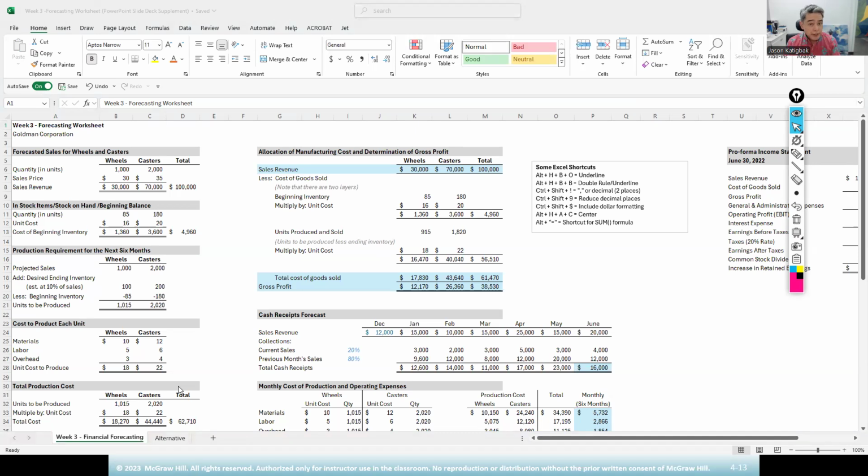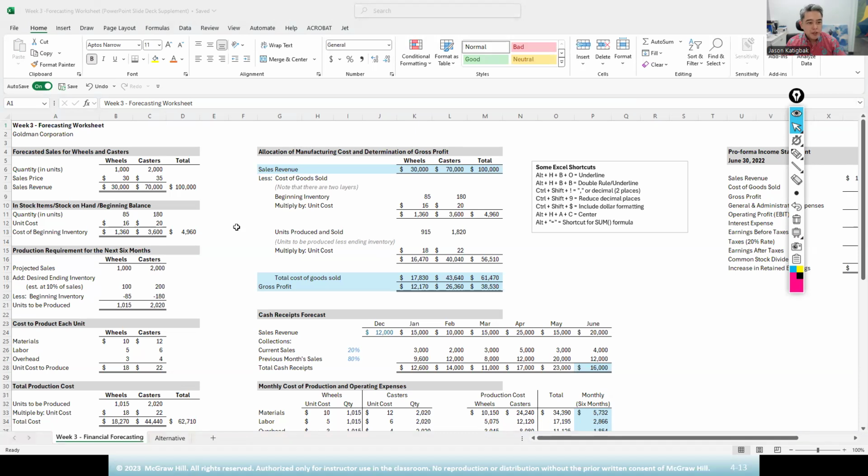Now, we'll try some shortcuts in Excel. If I use Control tilde, it's basically the key below the escape.